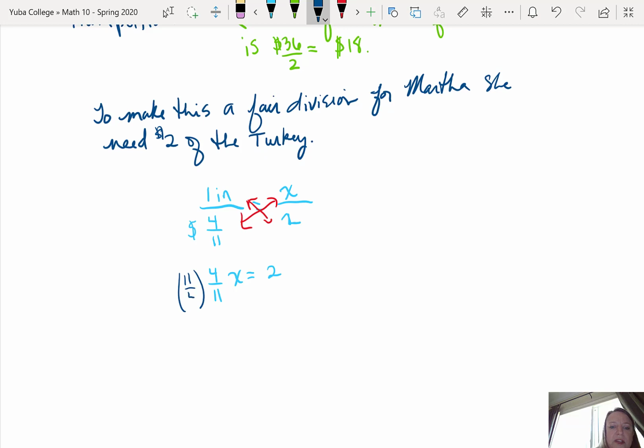I'm just multiplying by the reciprocal so that that cancels, and I'm just left with X. So X is equal to, well, 2 goes into 4, so this is 11/2, which is equal to 5.5 inches. So she needs to cut 5.5 inches into the turkey.